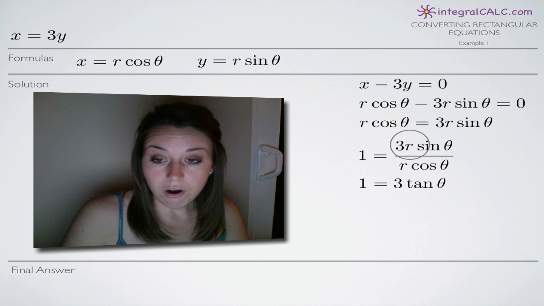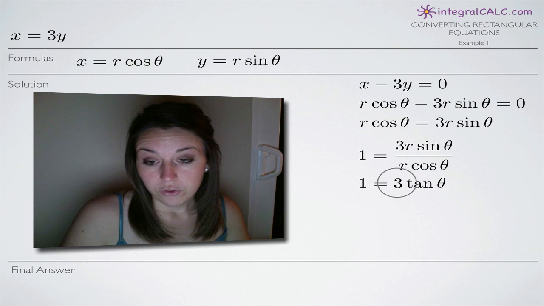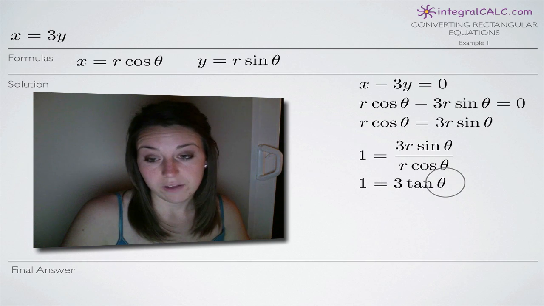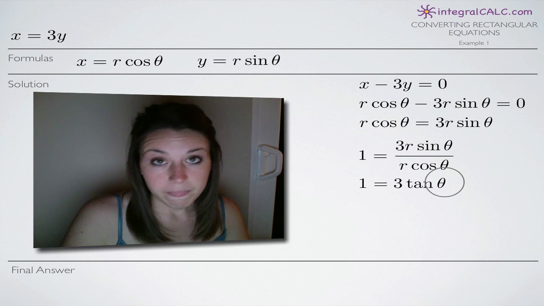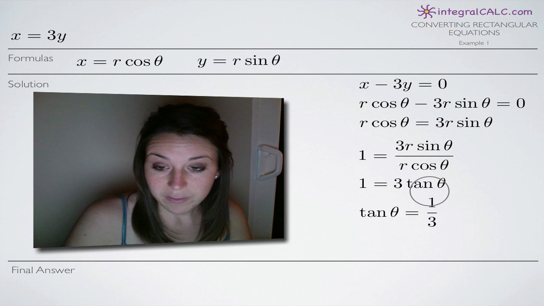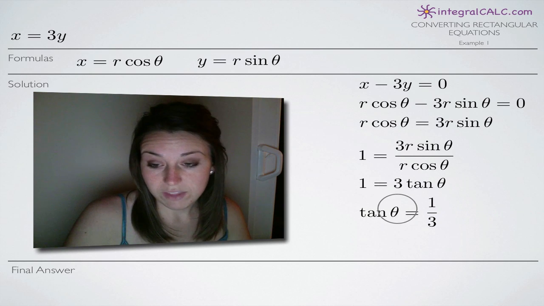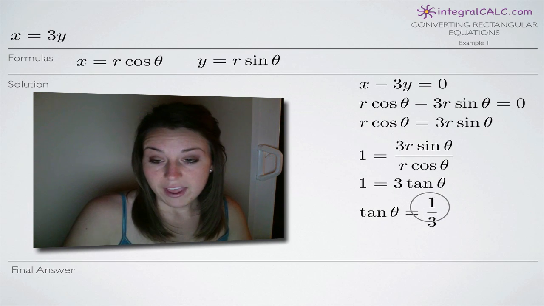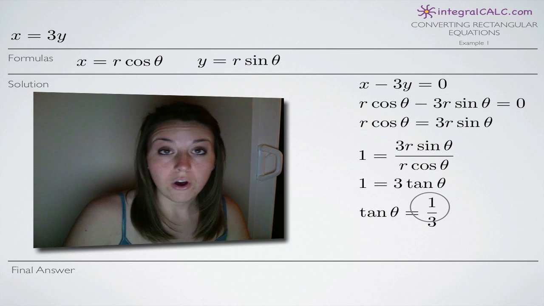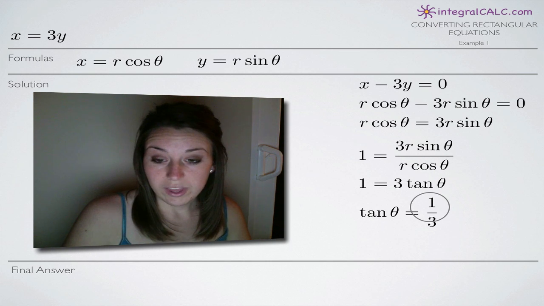Because we have r in both the numerator and the denominator, that will cancel, and sine over cosine is tangent. So we're simply left with 3 tangent of theta on the right-hand side. We will divide both sides by 3 to get tangent of theta equals 1/3, and then in order to solve for theta, we'll take arctan of both sides.